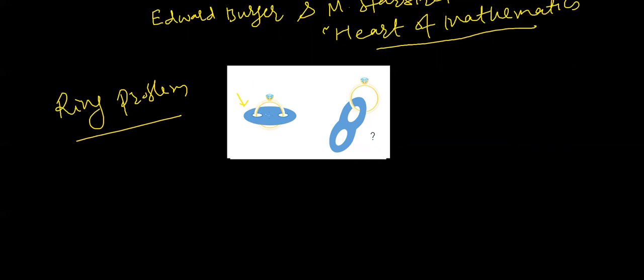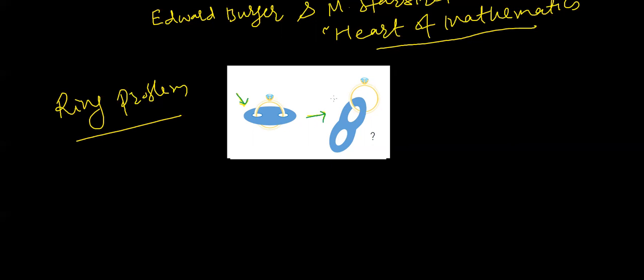Can you do some continuous transformations, like stretching, extending or shrinking, to this napkin in such a way that the ring passes through only one of the holes, not both?